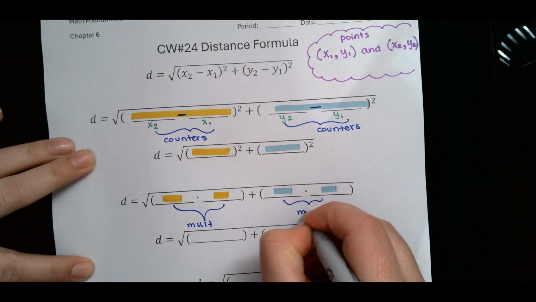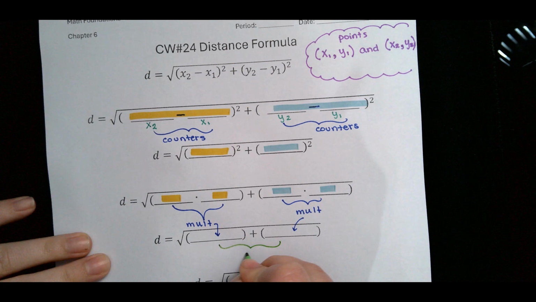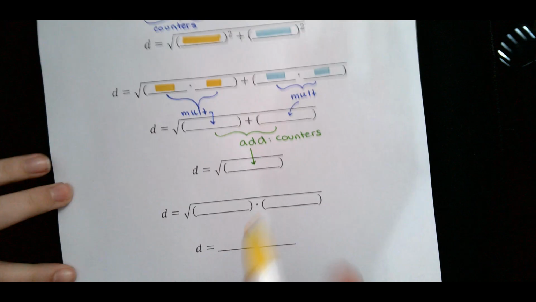After that, you're going to take these two numbers and you're going to add. After adding, again, adding is counters. This is where if you need yesterday's cheat sheet, let me take it out.